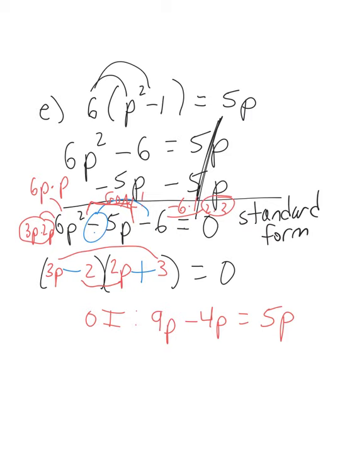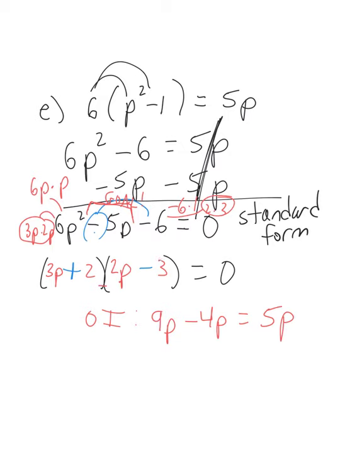I got back positive 5p. It's easy to fix. I'm just going to simply change the signs. So that means that the plus symbol should have went with the first pair, so it's 3p plus 2. And the minus should have went with the last pair there, 2p minus 3.